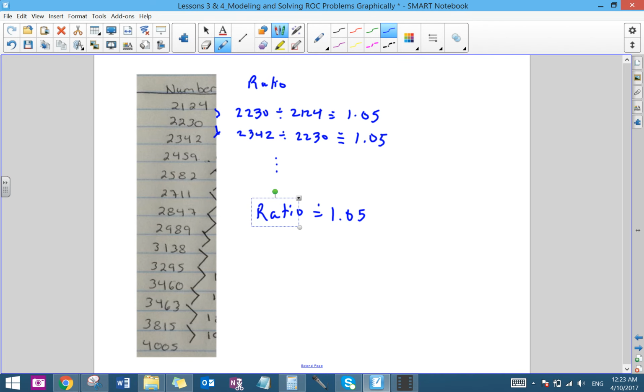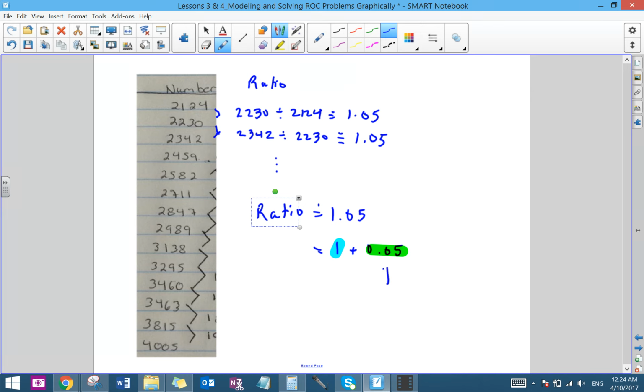As far as growth is concerned, that is equal to 1 plus 0.05. The 1 accounts for the original values, so 100% of the value you're working with, and the 0.05 accounts for 5% growth on top of that.